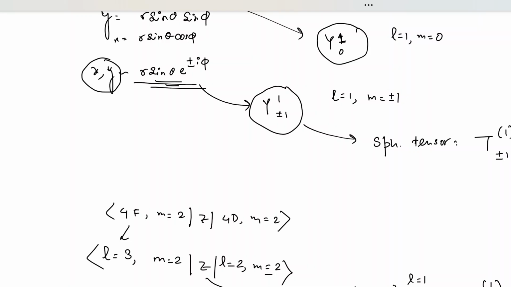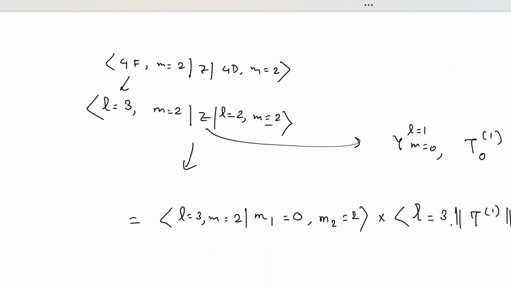Now you can see the selection rule. The selection rule says that this kind of term, m1, m2, will be non-zero only if m1 equal to m minus m2, or m equal to m1 plus m2.